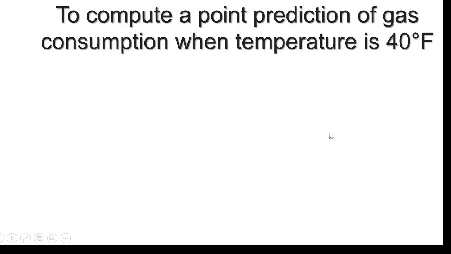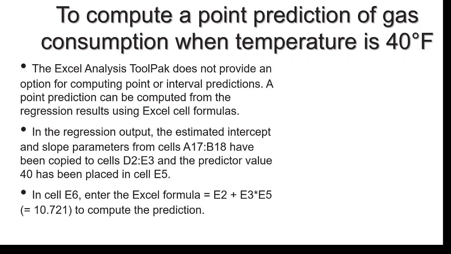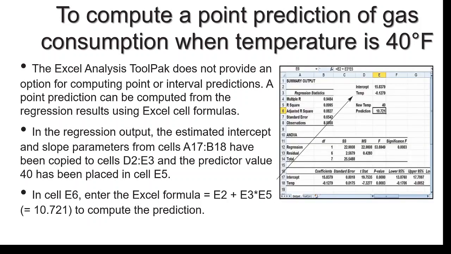It says to compute a point prediction of gas consumption when the temperature is 40 Fahrenheit. The Excel analysis toolpack does not provide an option for computing point or interval predictions. A point prediction can be computed from regression results using Excel cell formulas.